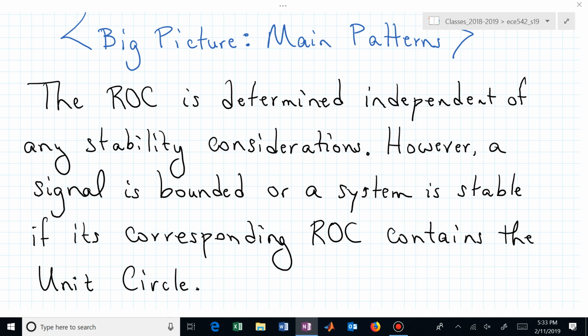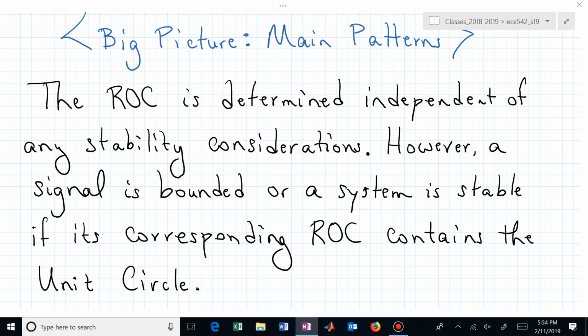However, a signal is bounded or a system is stable. Like I said, x could be a system or it could be a signal. So if it's a signal, is that signal bounded? Or if it's a system, is the system corresponding to a stable system?